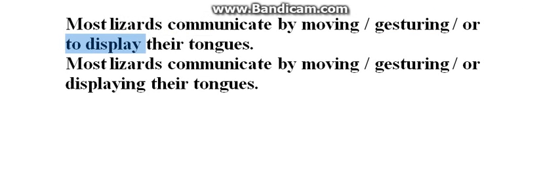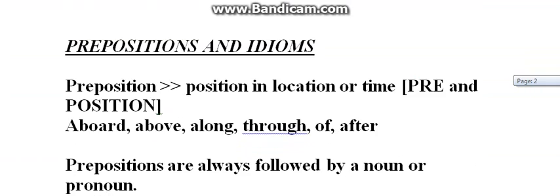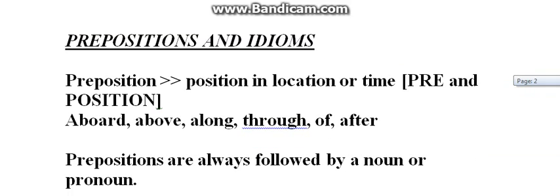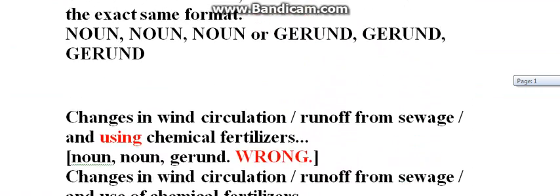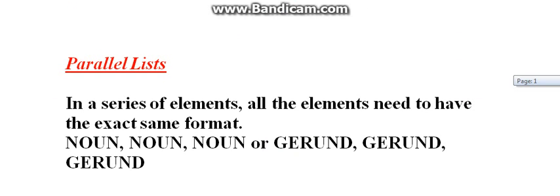Most lizards communicate by moving, gesturing, or displaying their tongues. ing, ing, and ing. That's how we know that it's correct. Prepositions and idioms. So before we go there, I just want to make sure that you understand what parallel lists are. Basically, if you have a collection of things, they all need to be in the same format.